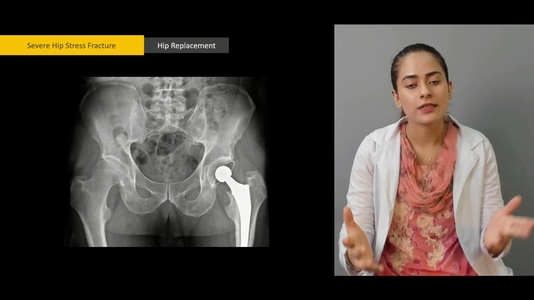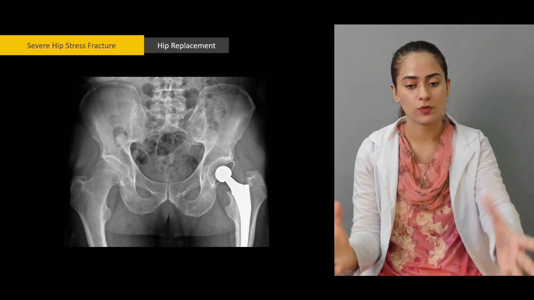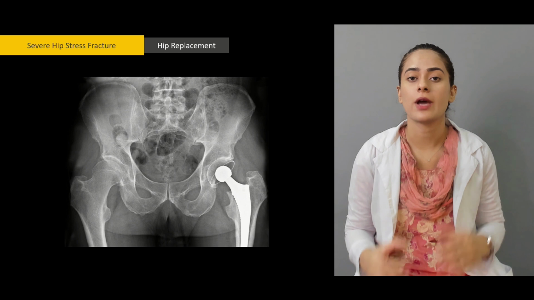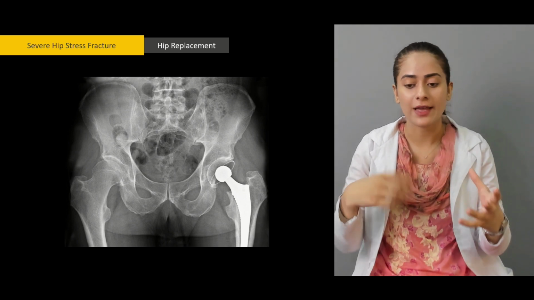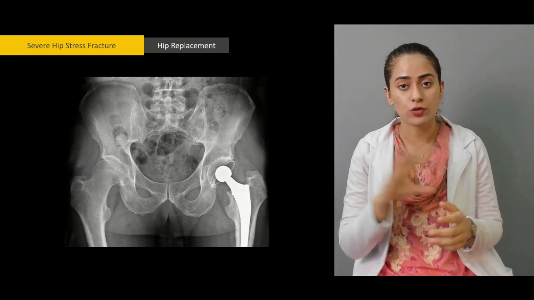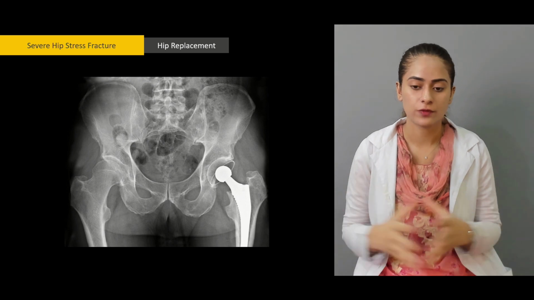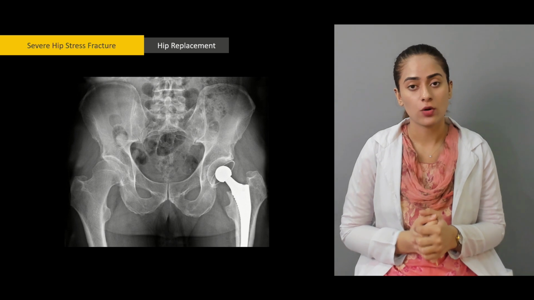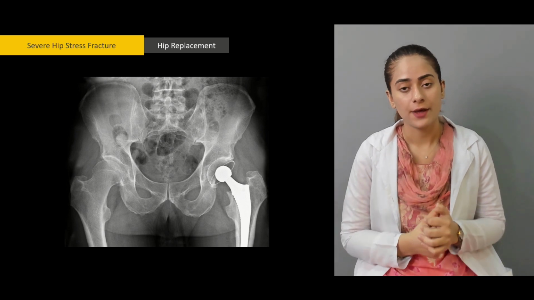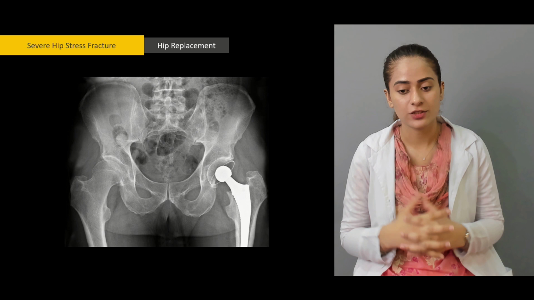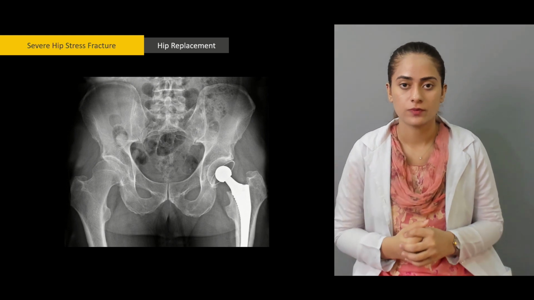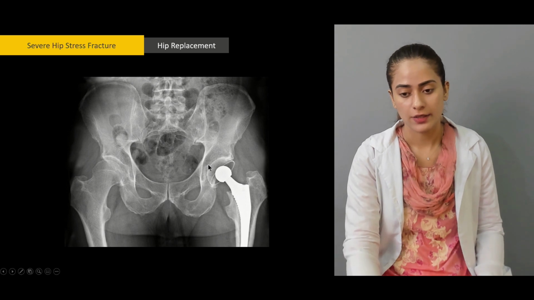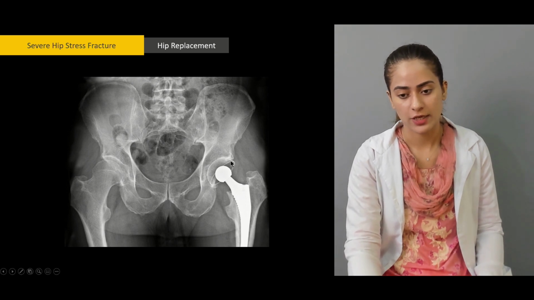So what you do then is this. This is a total hip arthroplasty, in which you insert an acetabulum and also a man-made artificial femoral head. You drill inside the shaft of the femur and place the artificial shaft into it, which is the head, and this is the acetabulum, which has been placed here.